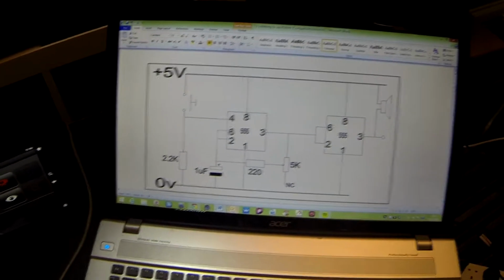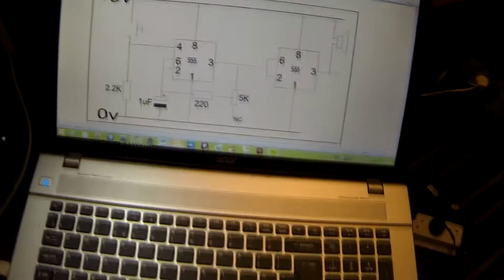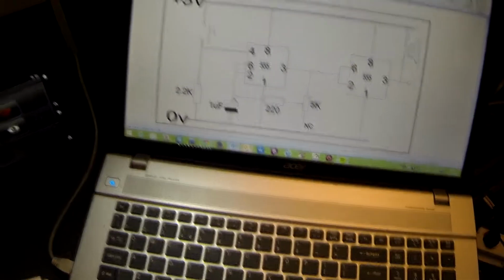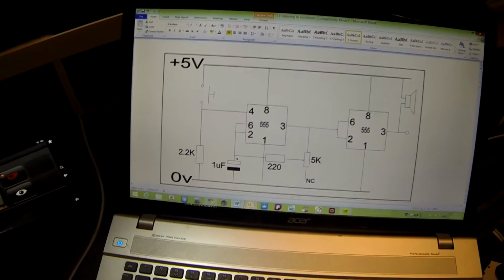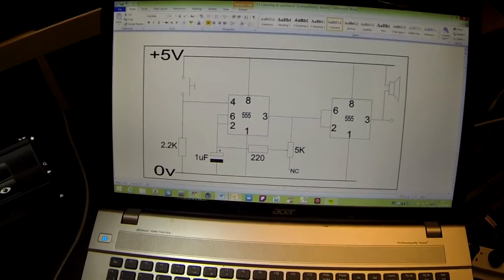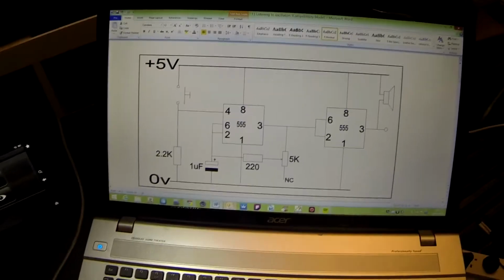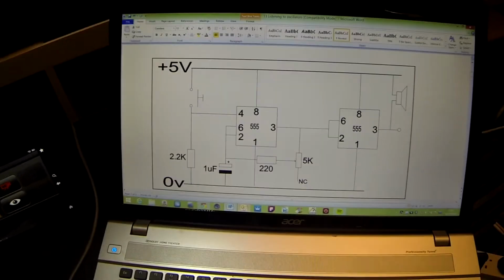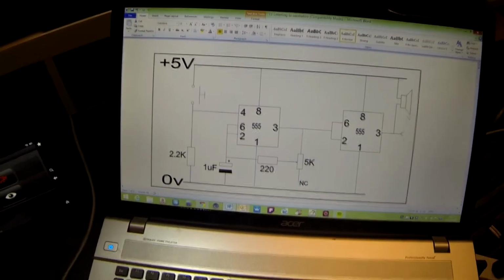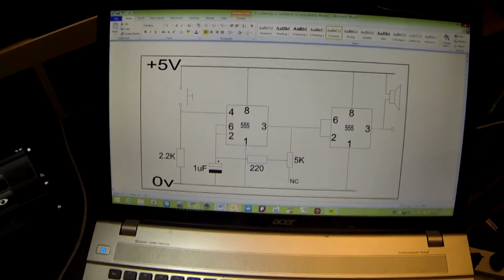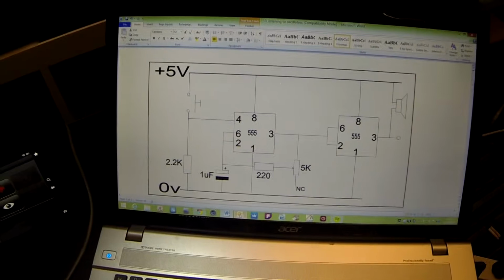Okay, let's look in a bit more detail exactly how this circuit works. Now, firstly, why when we press the switch does it turn the circuit on, and why when we release the switch does it turn the circuit off? Well, this takes us back to the astable circuit we did last that looks at pin 4, and pin 4 is our reset pin.